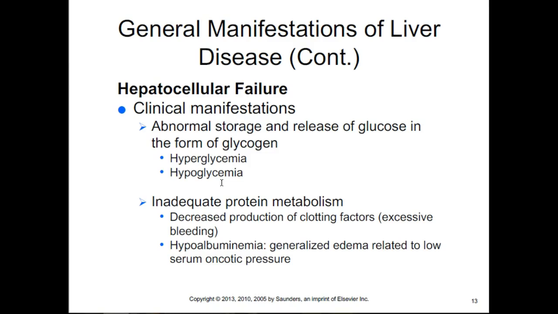Colloid osmotic pressure is the pressure that is driven by osmosis. So osmosis goes from an area of high concentration of water to low concentration of water. And that movement is from your tissue, which is low in proteins, because proteins are very high in the blood. So osmosis wants to go from your tissue to your blood.